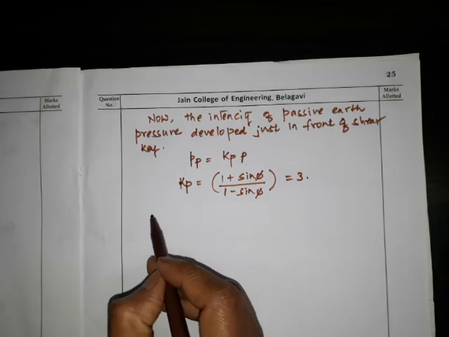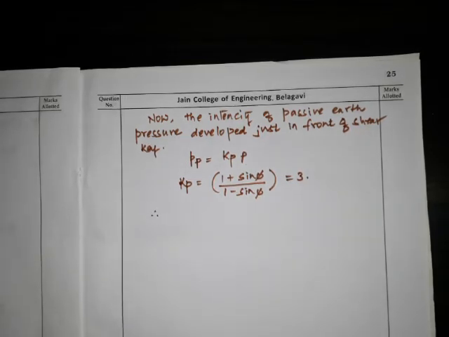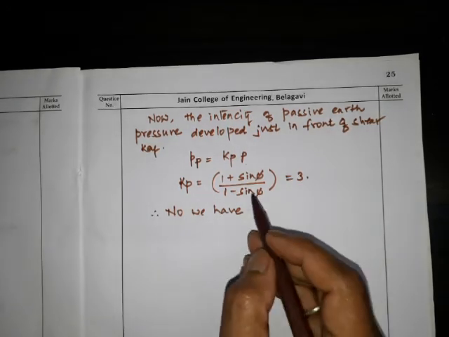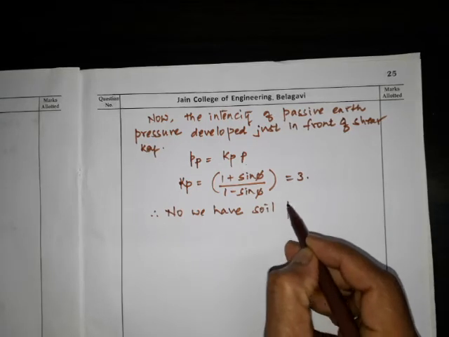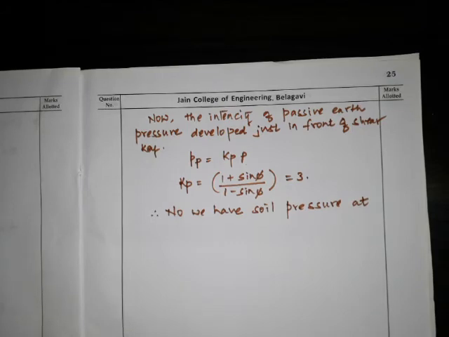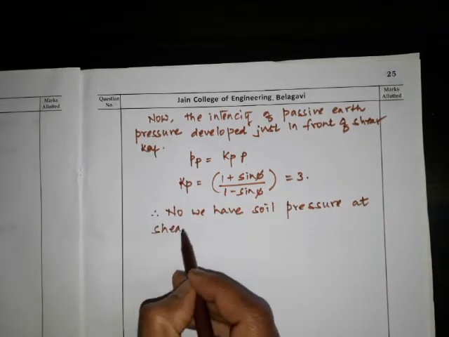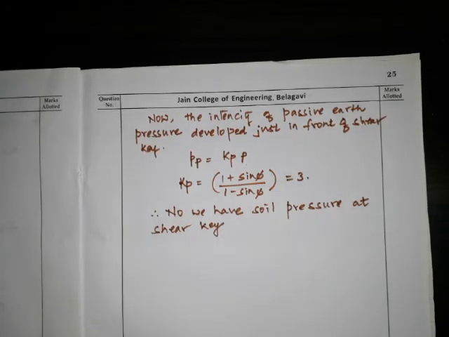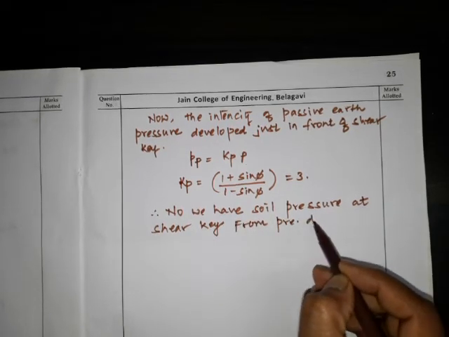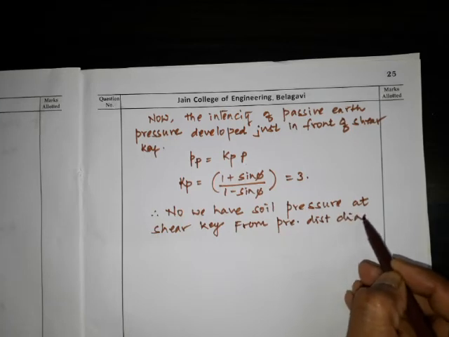So now, therefore, we have the soil pressure at the shear key from the pressure distribution diagram.